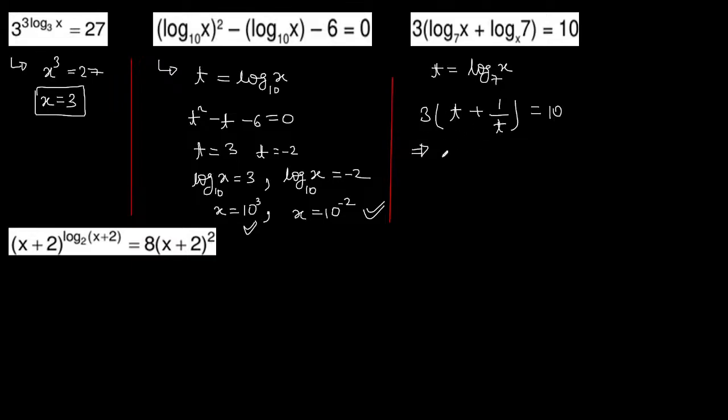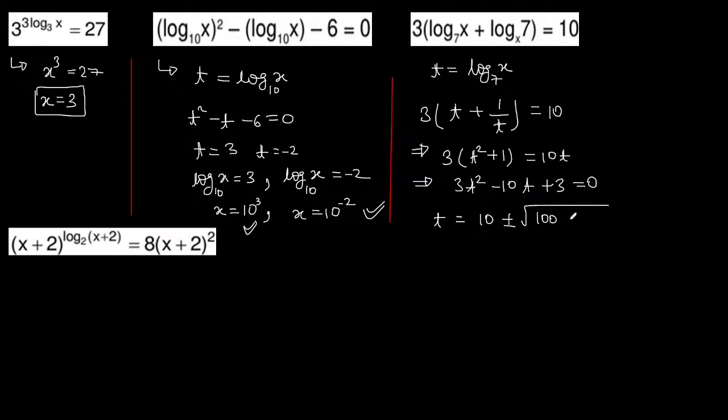We'll take t LCM, we'll get t square plus 1 equal to 10t. We get 3t square minus 10t plus 3 equal to 0. On solving, t is equal to 10 plus minus root under b square minus 4ac upon 2a, which is 10 plus minus 8 by 6.